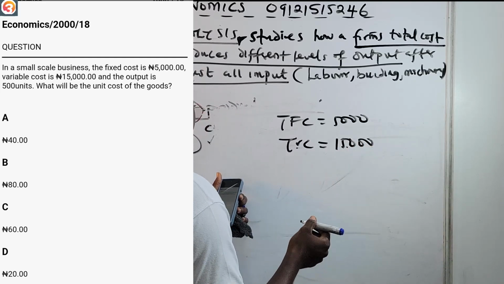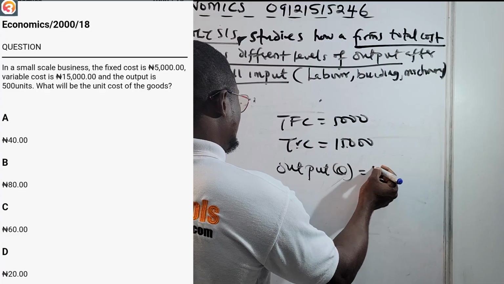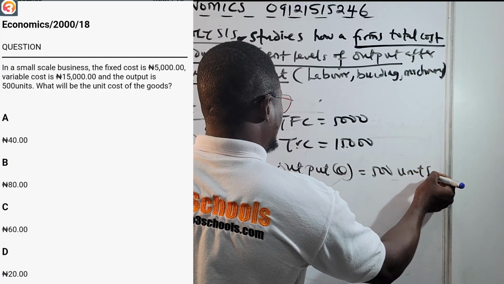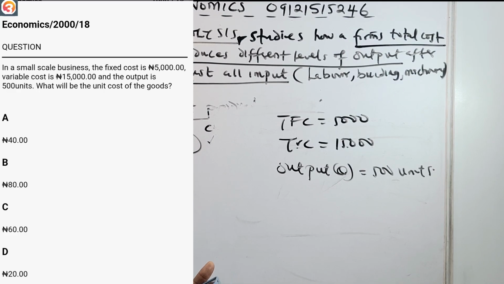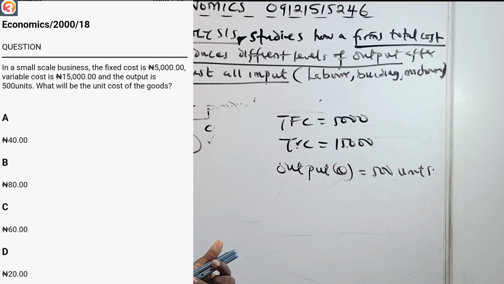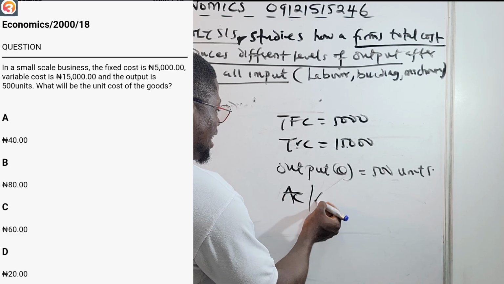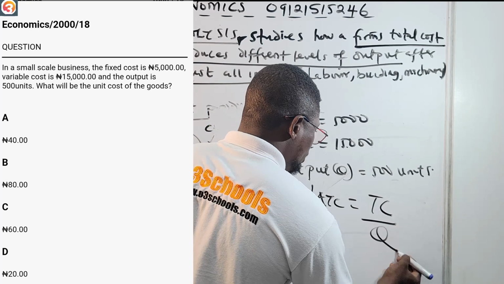The output, this is our Q, is 500 units. They ask us to find the unit cost of the goods. That means they're asking for the average total cost. We are given the TFC and the TVC. To calculate our average total cost, it is TC over Q.